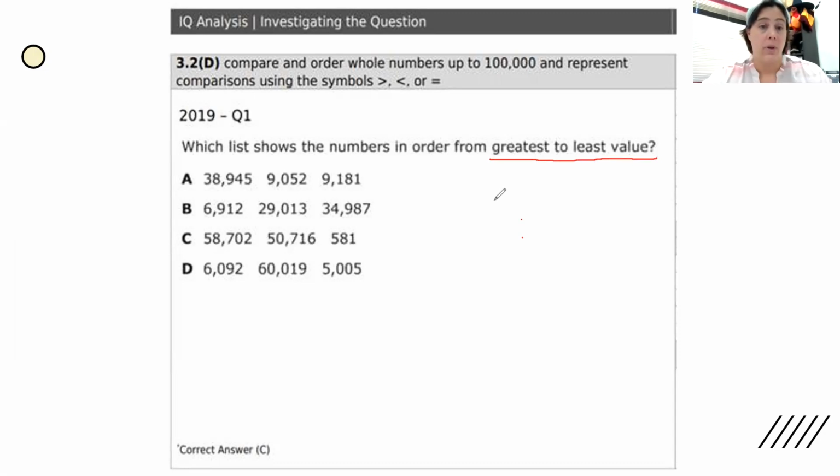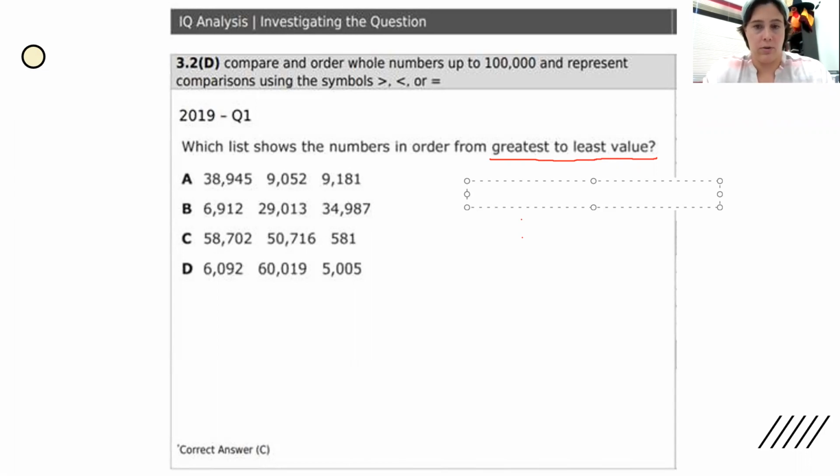Now, because these answer choices are to the side, it's making it a little difficult for me. So what I'm going to do is stack them. I'm going to use my little text box feature here, and we're going to go over each one. If this is from greatest to least, I'm going to start with A. So here we go.